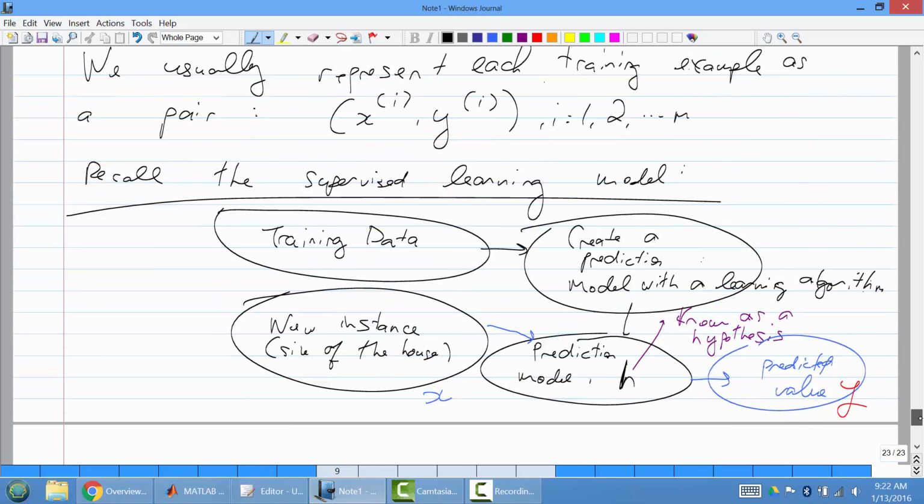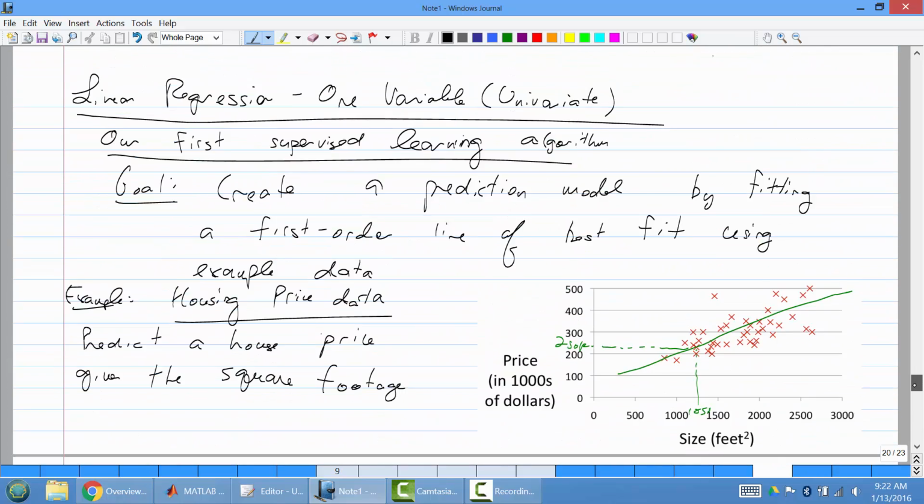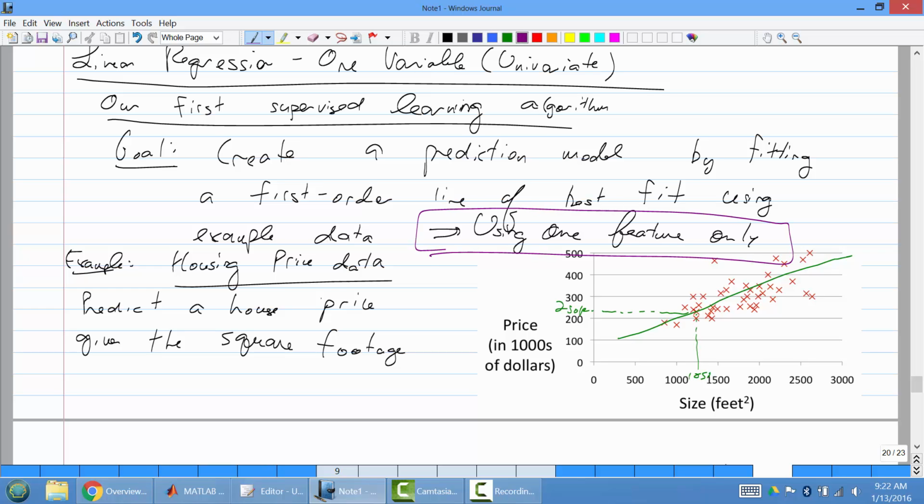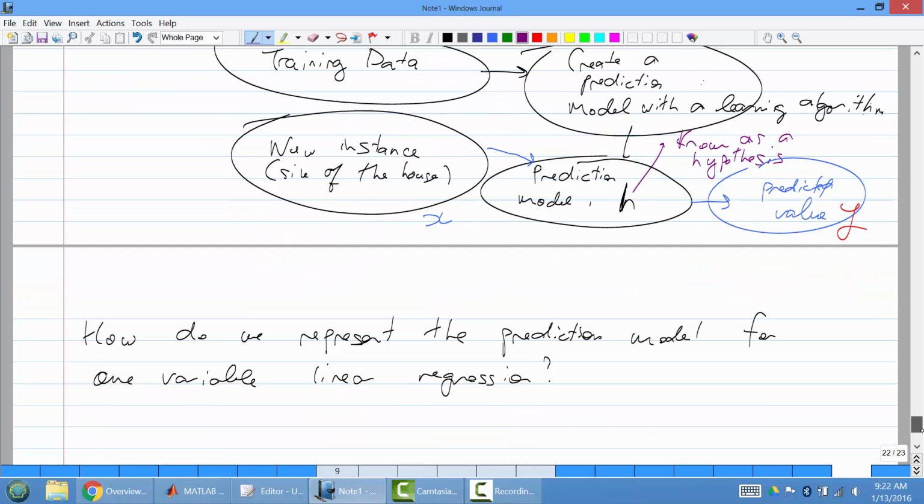Actually, let me go back up and put a note here. What we're doing is using only one feature. Forgot to mention that. Just to warm up, all right? Okay, sorry about that.